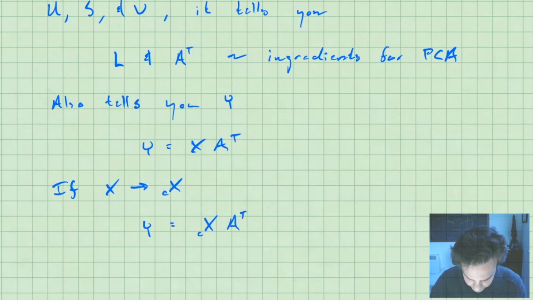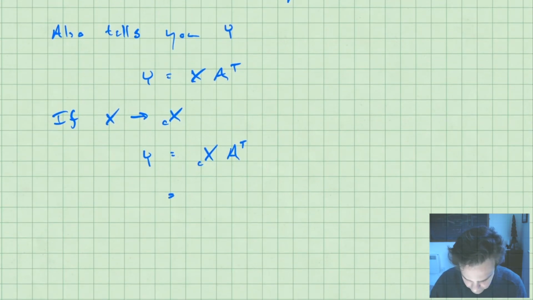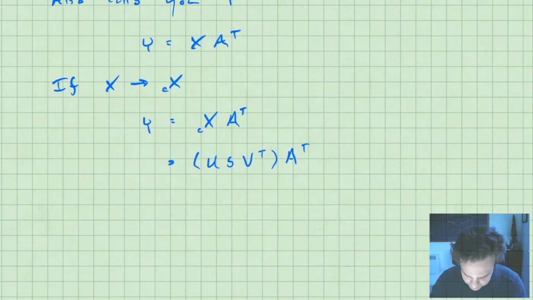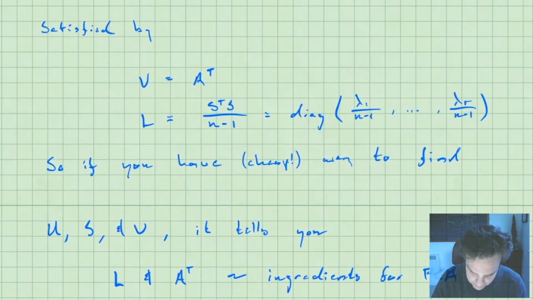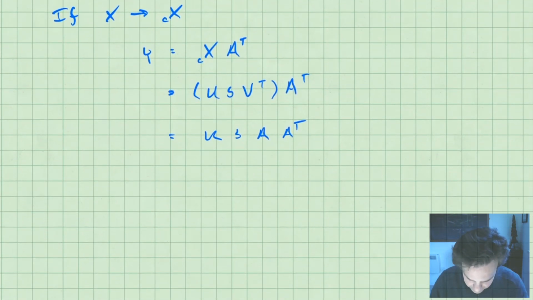And if I put in my decomposed version of X centered, what I get is U S V transpose times A transpose. And if you go back up here, V is A transposed, so V transposed is A. And so this gives me U S A times A transpose. And A times A transpose is the identity matrix.